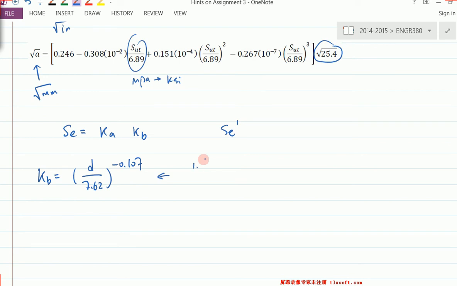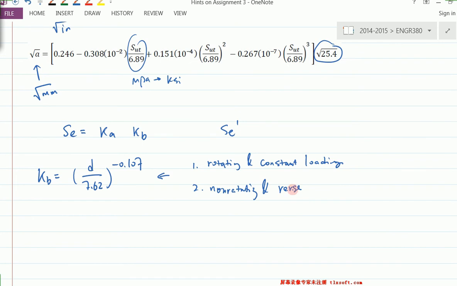One situation is when the bar is rotating and subject to a constant loading, right? The second condition is we can also use this same equation when the bar is non-rotating, but if this is a reverse torsion.